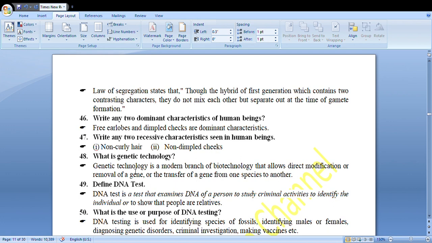What is genetic technology? Genetic technology is a modern branch of biotechnology that allows direct modification, removal of gene, or transfer of gene from one species to another. Define DNA test. DNA test is a test that determines the DNA of a person to study criminal activities, to identify the individual, or to show the people are relatives.